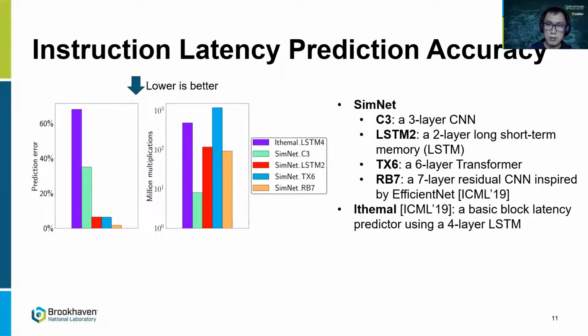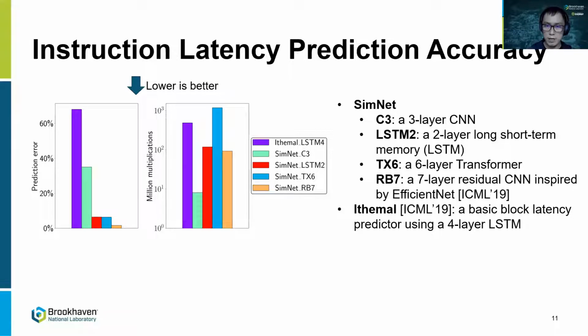Then I will introduce the accuracy of our machine learning-based simulation approach. First, I will evaluate instruction latency prediction accuracy. The figure on the left shows the prediction error, and the figure in the middle shows the computation complexity of different models.